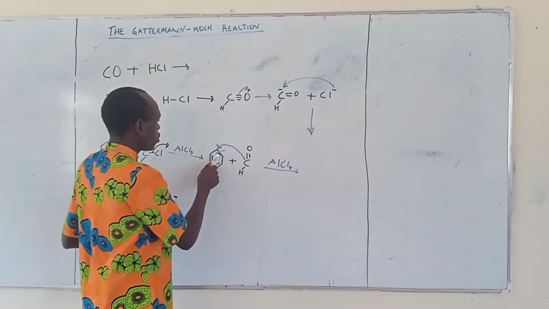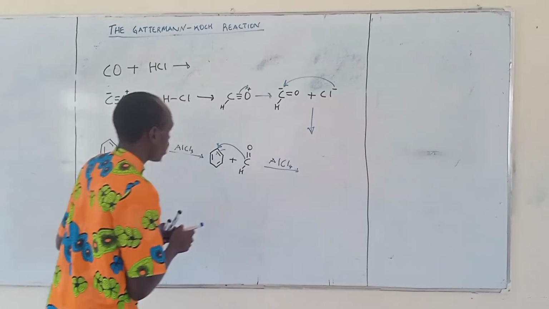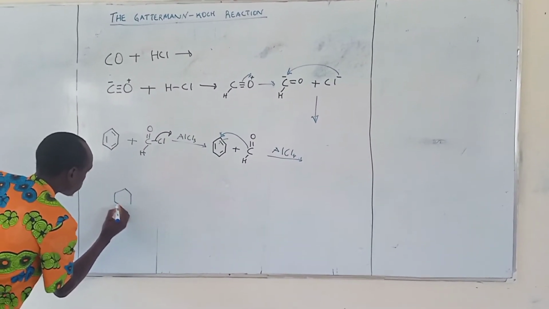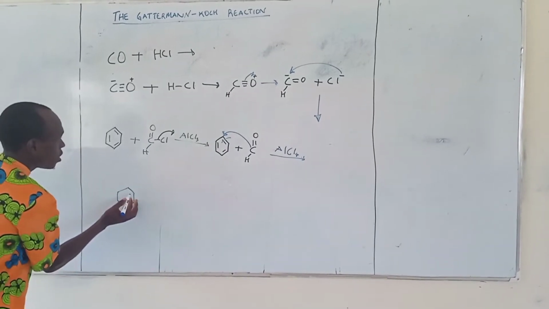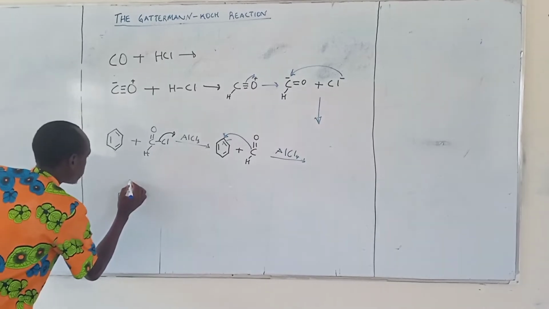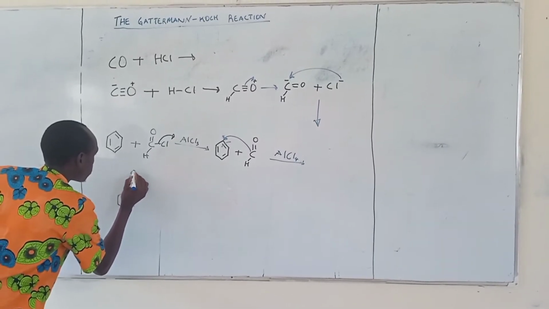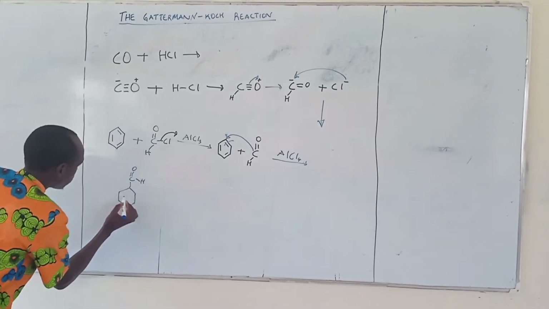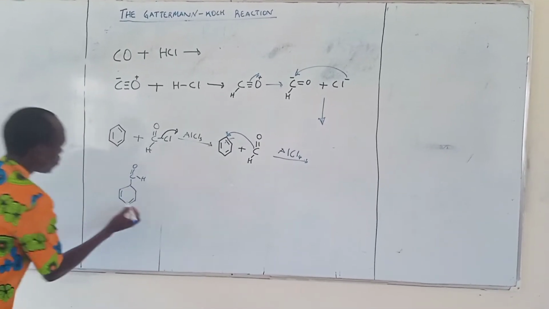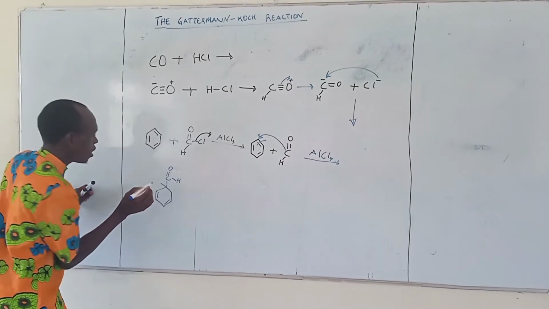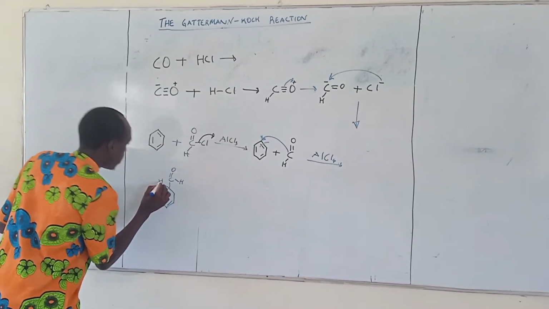So after this bond opening up, we shall have this benzene now, with this group attached itself there with hydrogen. Then benzene itself, initially it had its hydrogen there.